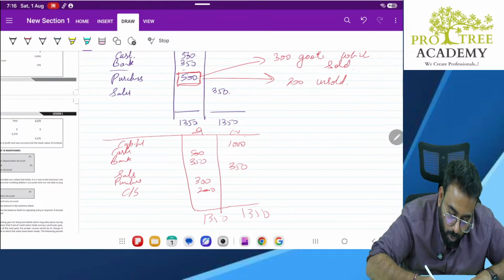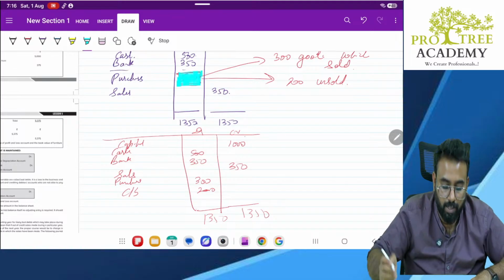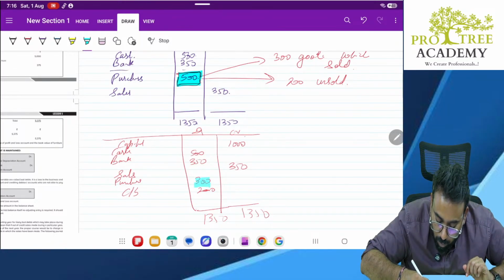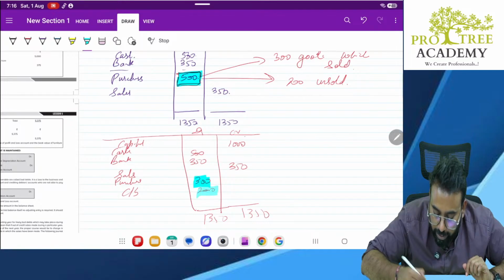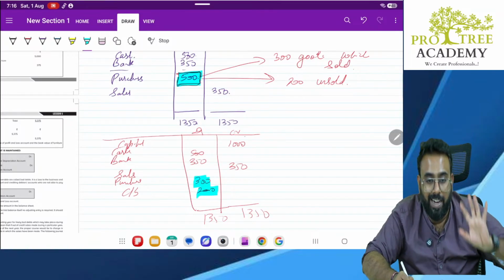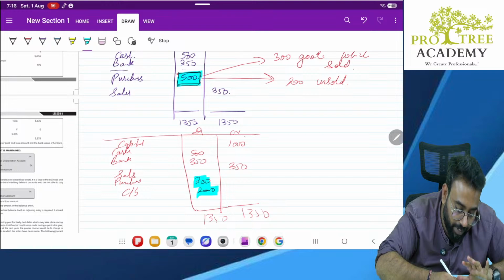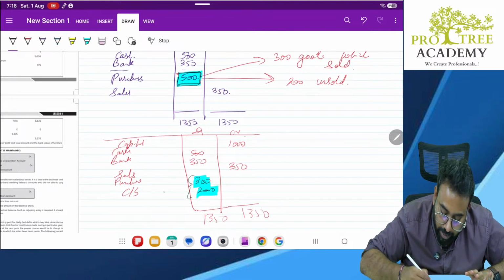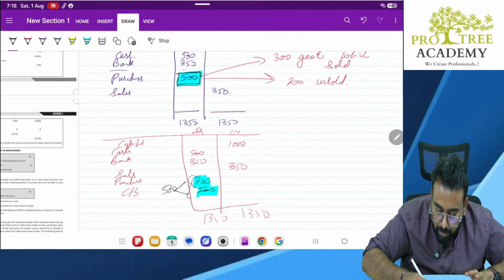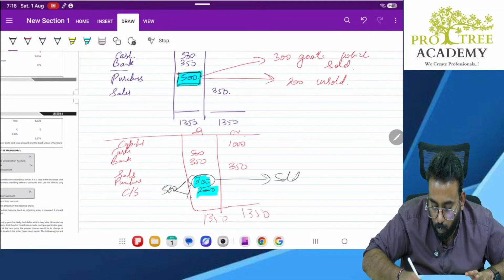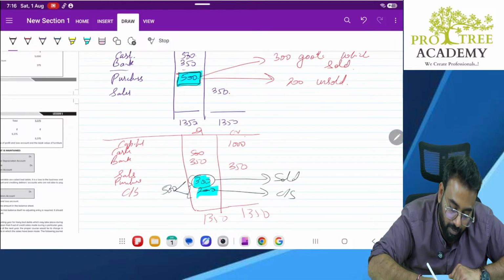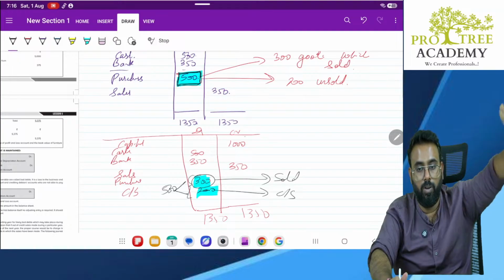Here we showed the entire purchases at 500, but here we are showing purchases only at 300. Remaining we are showing as closing stock. Ultimately, your debit side is having 500 only, but it is split between two: one sold, one closing stock. Here we showed the entire thing in 500 only.